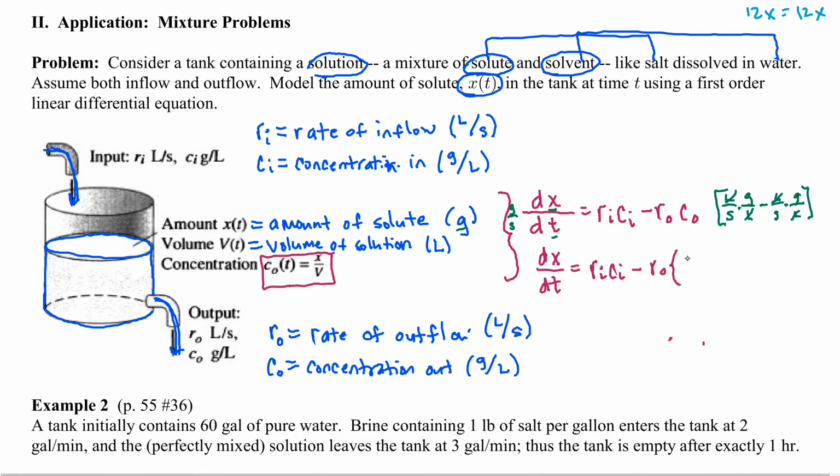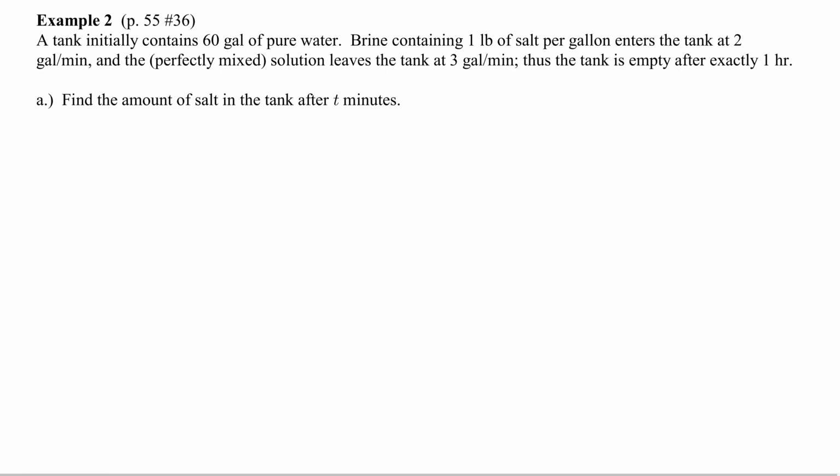So the concentration out can be modeled by X of T divided by V of T. Observe that this is a linear first order differential equation. If we rearrange it into an appropriate form, we'll be able to solve this with the integrating factor technique. Let's try this model with example 2.